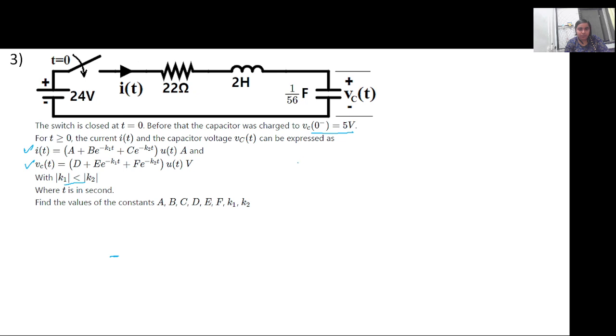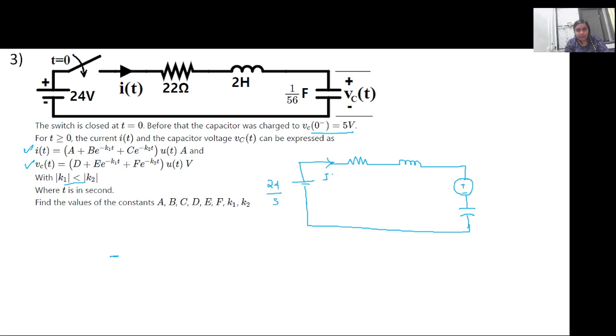So first we draw the circuit in frequency domain. Since the capacitor has an initial voltage, we will write it as a separate voltage term. This is the source voltage 24 volt which is given.